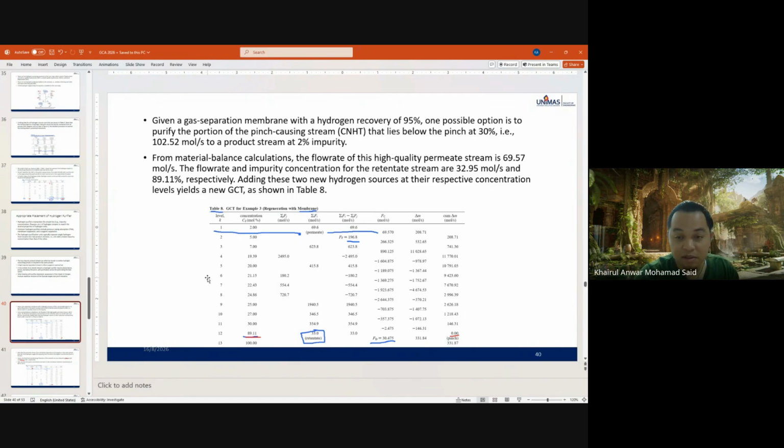But the actual 102 will be gone, replaced by the permeate and the retentate. So in this case, the pinch occurs now, the recalculation occurs at level 12, at the retentate.